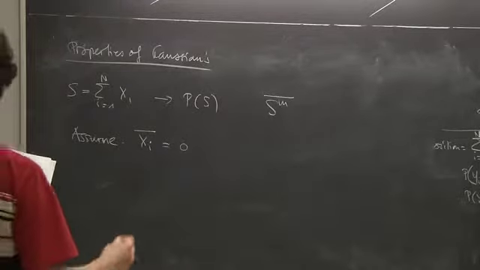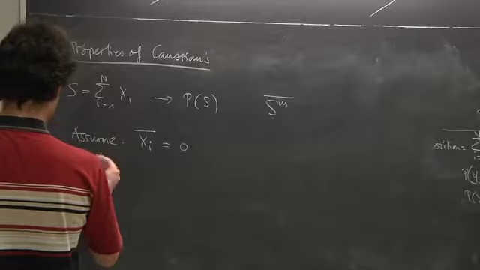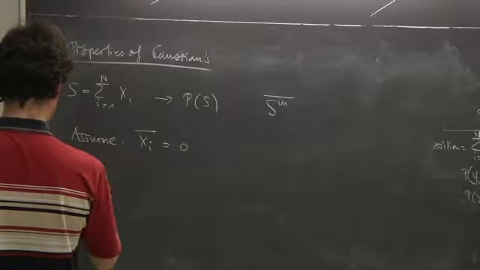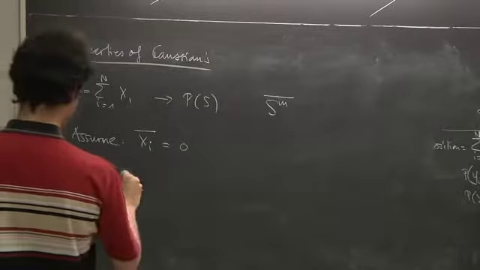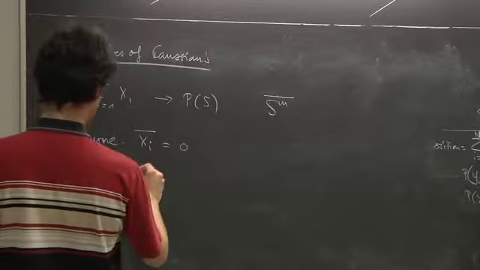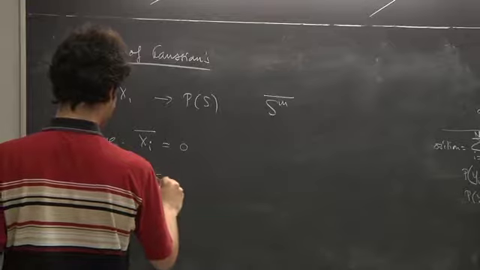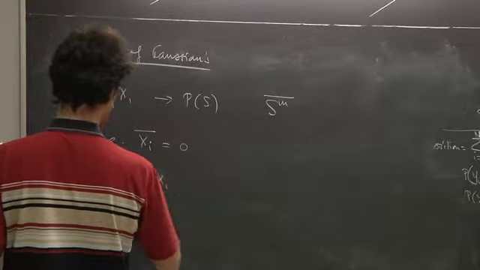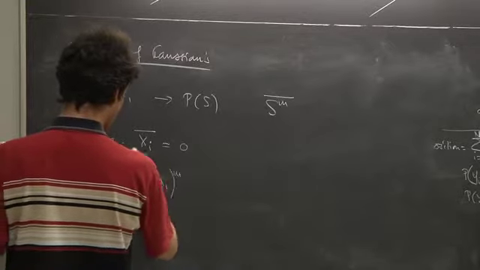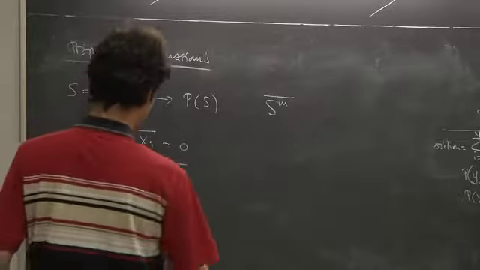Now what I want to calculate is this thing. By definition, it is the sum over i from 1 to n of xi to the power m, averaged.